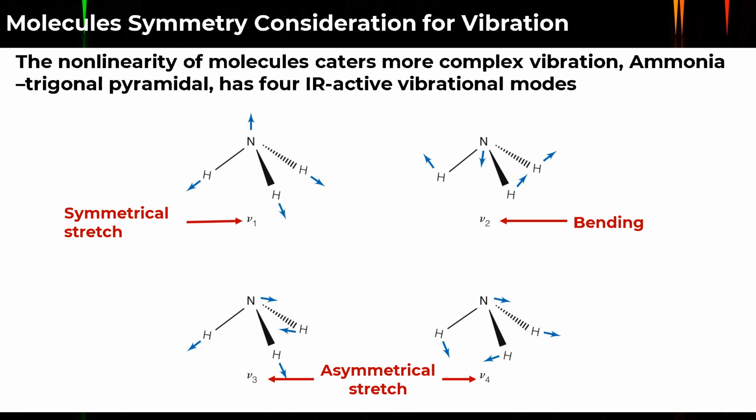And for both V3 and V4, an asymmetrical stretch can be observed where two NH bonds have the same stretch direction while the remaining one compresses in a similar fashion. As the nonlinear configuration gives room for complex vibrations, these characteristics are analyzed using spectroscopic techniques.